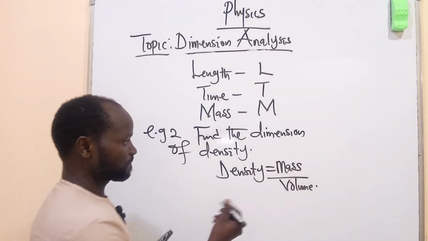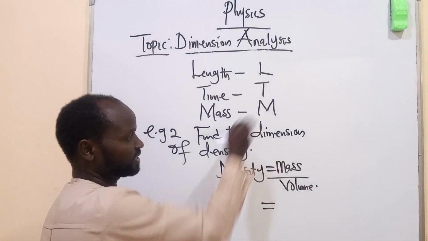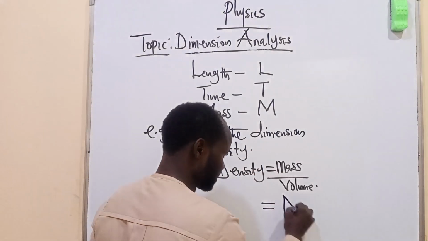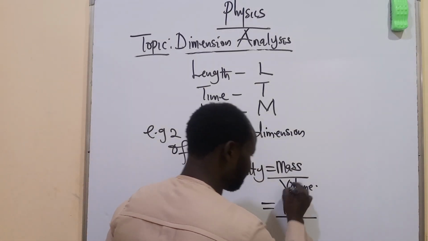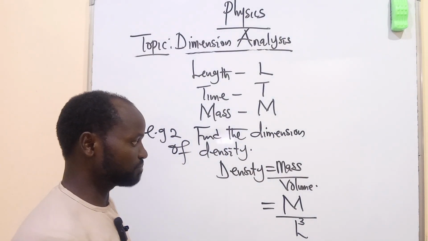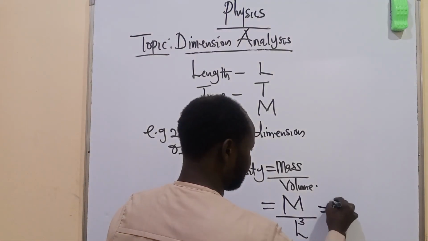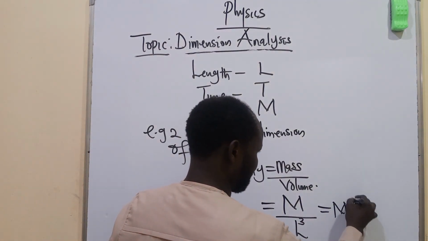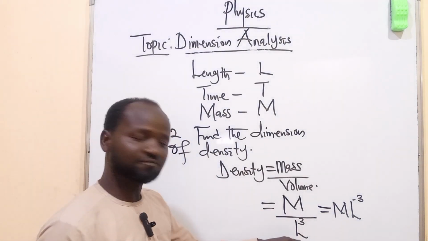This mass is nothing but capital M. Write down the capital M. We are trying to find the dimension now. Divided by volume, which is L power 3. So the dimension now will be M times L power minus 3, because we have the power 3 in our denominator.